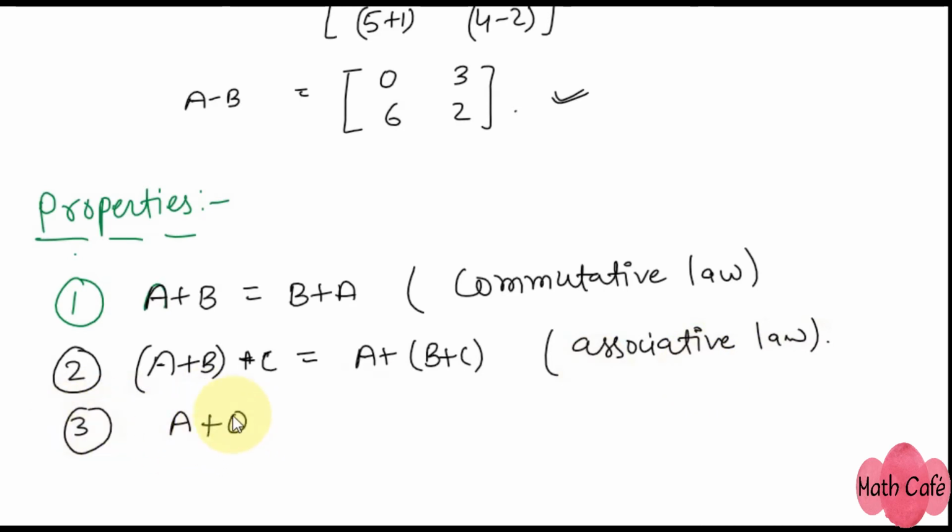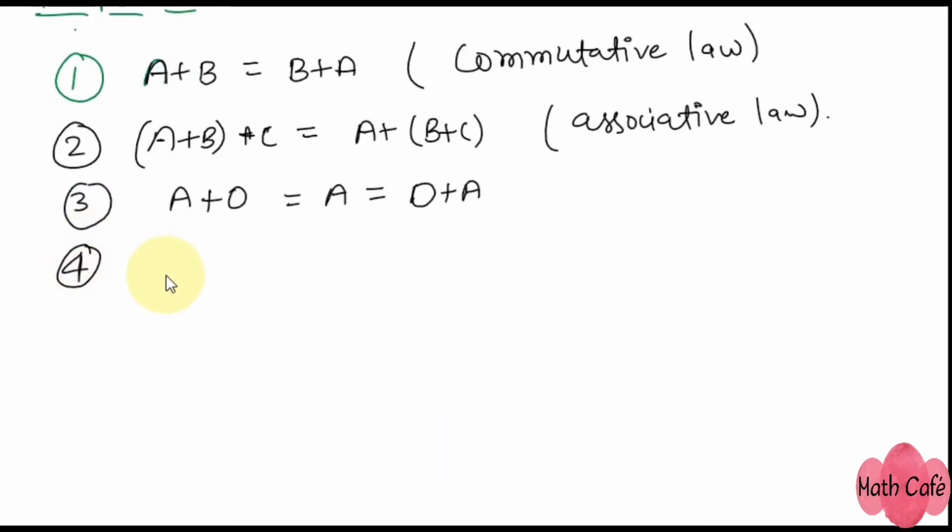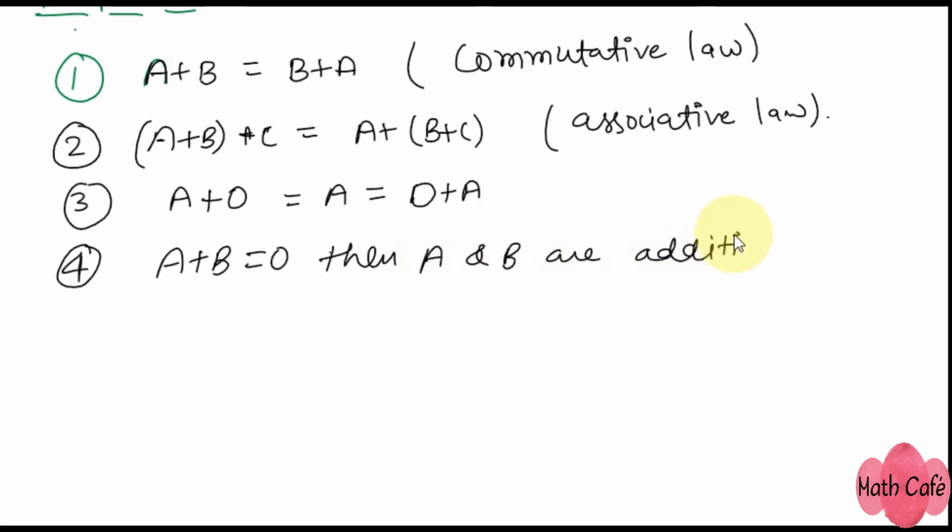All right, so the third rule is if any matrix A is added to a zero matrix, that is O, then this will become the matrix same as A, and that will be equal to the zero matrix added to the same matrix A. And the fourth property is if the sum of any two matrices A plus B is 0, then A and B are called additive inverse of each other.